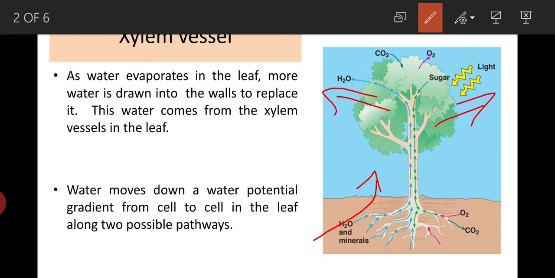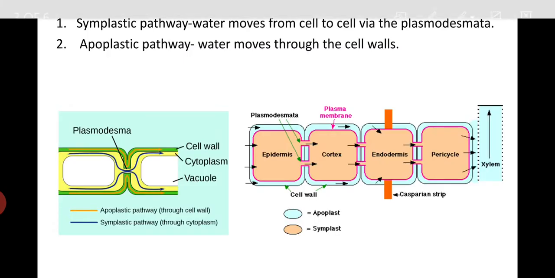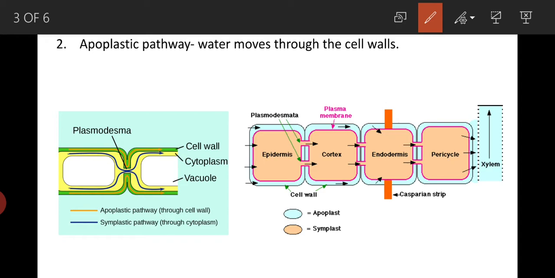And water moves down a water potential gradient from cell to cell in the leaf in two possible pathways. The first is the symplastic pathway, where water moves from cell to cell via the plasmodesmata.